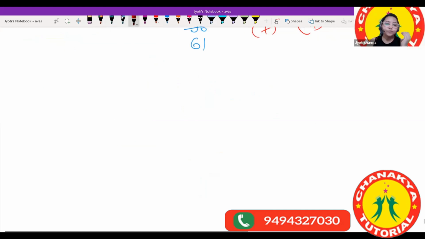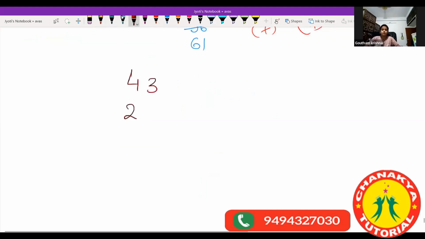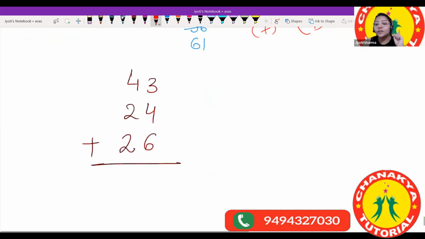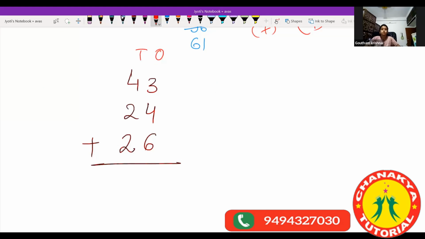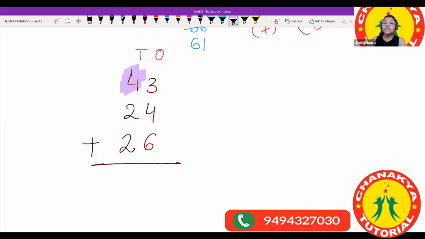Now, what if I give you more than 2 rows? Let's say 43, 24, 26. This time I will not write the expanded form. You read your number according to its place value.